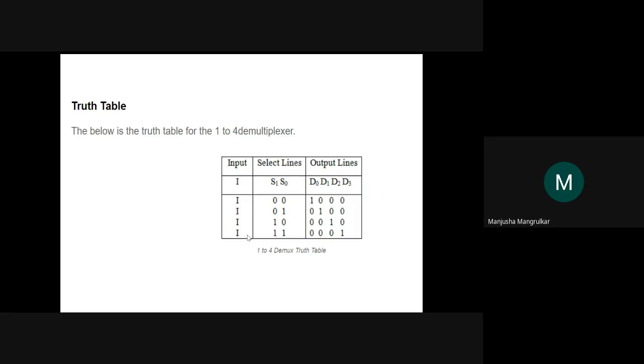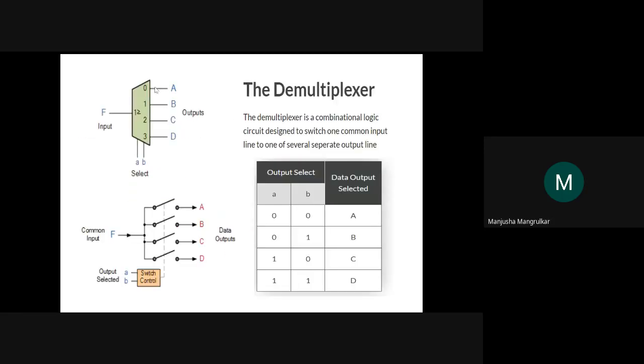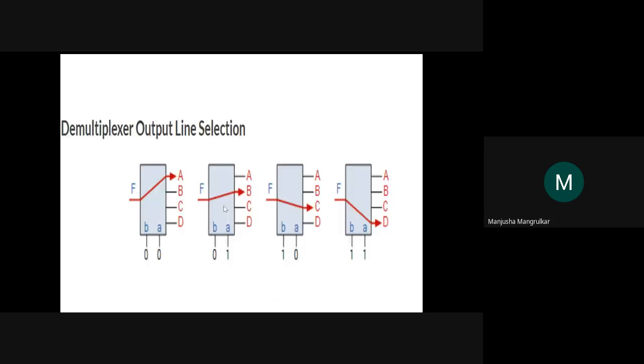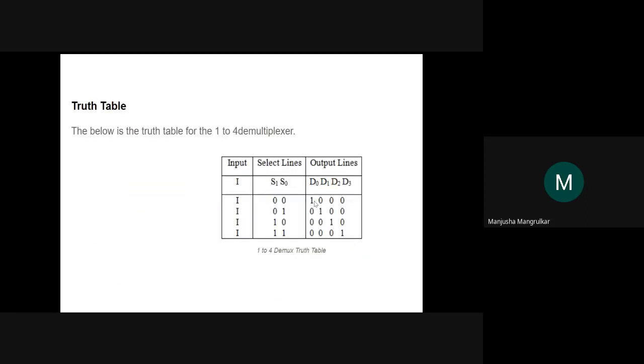So only one input signal is 1. The selector lines are S0, S1, right? Now if my signal is 1, which data will be selected? D0, D1, D2, D3, right? So D0 will be 1 and the rest are all 0.